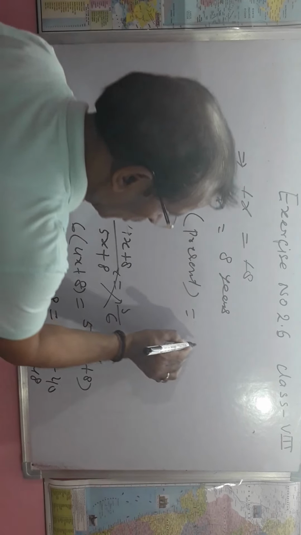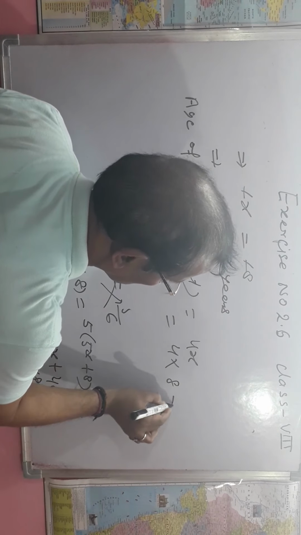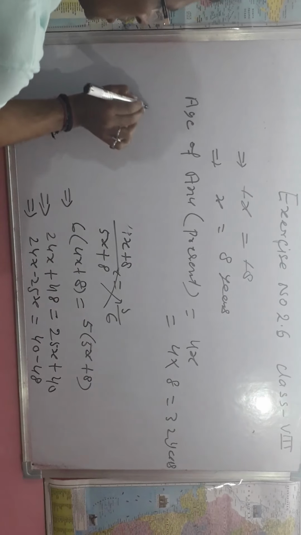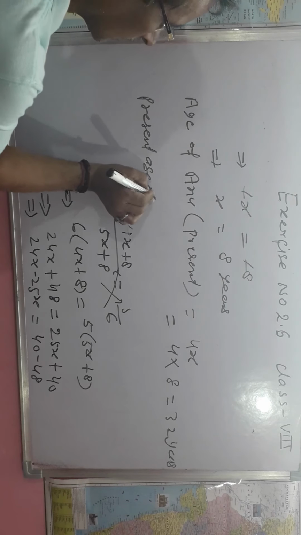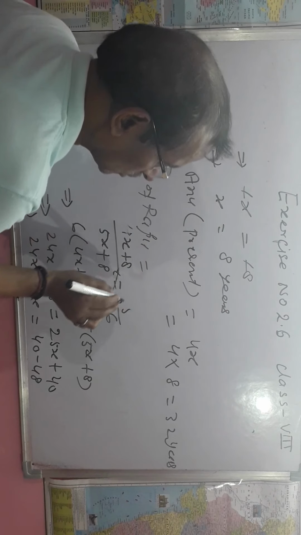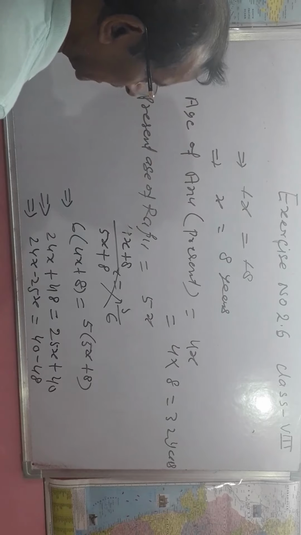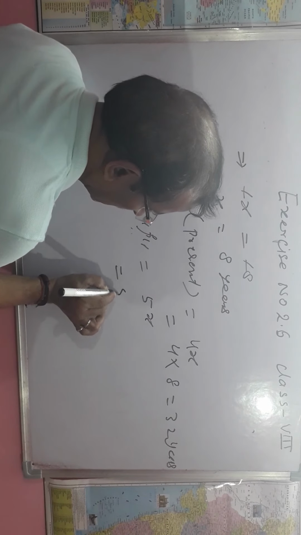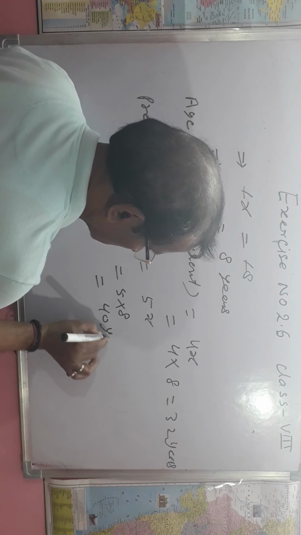Then it is equal to 4x, 4 multiply 8, 32 years. And present age of Raju is equal to 5x. That is equal to 5 multiply 8 is equal to 40 years.